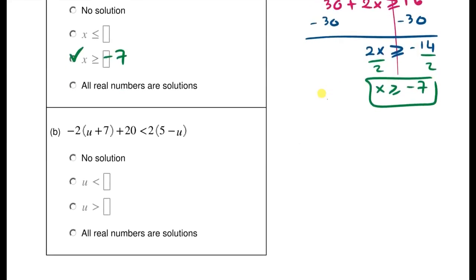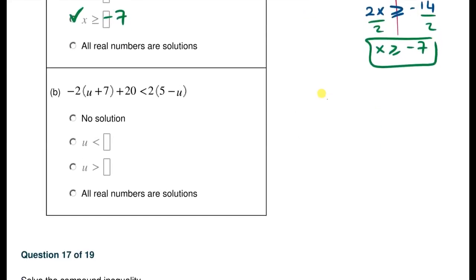All right, problem B. We have negative 2 times u plus 7, plus 20, less than 2 times 5 minus u. We distribute negative 2 into the parentheses, and distribute 2 into the parentheses.